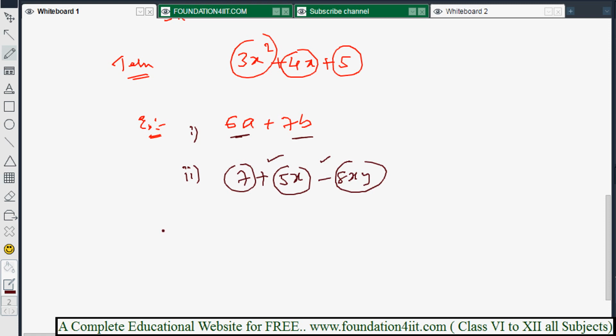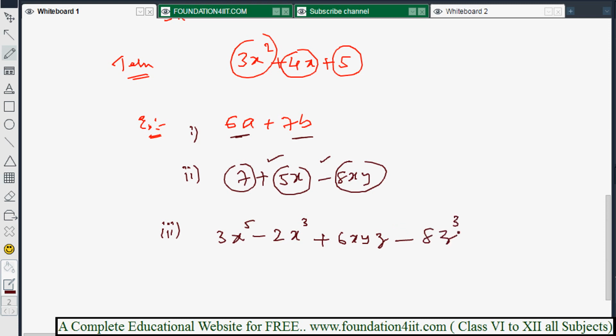Okay, any example you can take. I'll show you one more example, the last one. For example, taking four terms: 3x power 5, that means x is multiplied five times and 3 is multiplied with that, minus 2x power 3 plus 6xyz minus 8z cube.